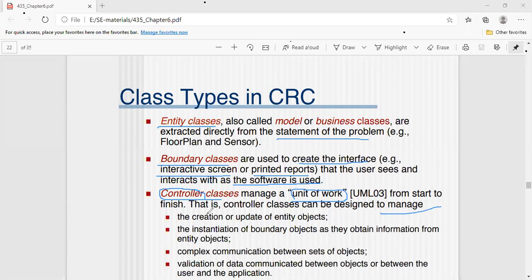By typing that password correctly, only then will it open, otherwise I can't make a call, isn't it? So it will validate whether the password I entered matches the password that was set. Such verification and validation is done in every mobile or system. For such things, we use controller classes. Clear?